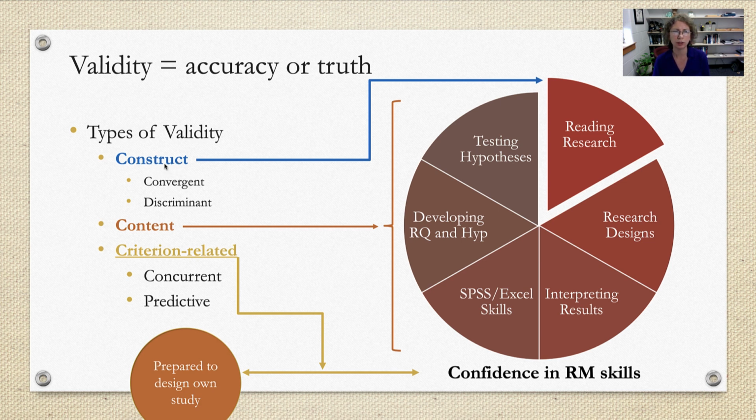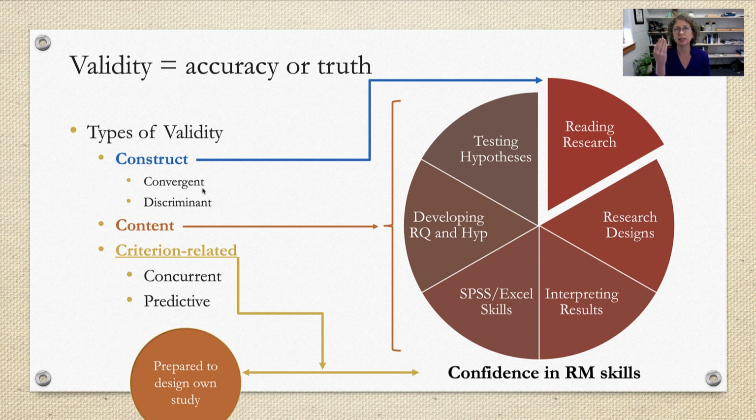For construct validity, if we took just one piece of this, like reading research, we would say, does this tap into reading research, that area that's being assessed right there? Two ways we look at whether the measure accurately measures reading research are convergent and discriminant validity tests.